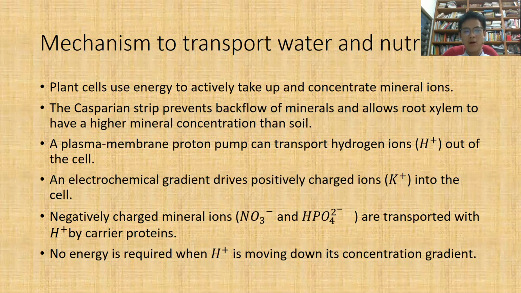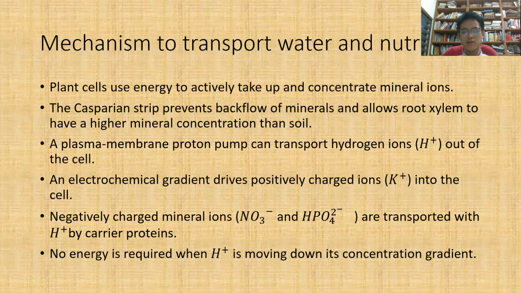The mechanism of active transportation of minerals from the soil into the root hair cell is as follows. Plasma membrane proton pumps can transport hydrogen ions out of the cell, and the electrochemical gradient can drive positive ions such as potassium ions into the cell.